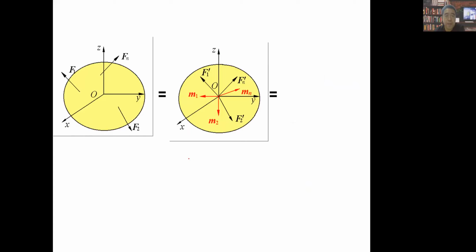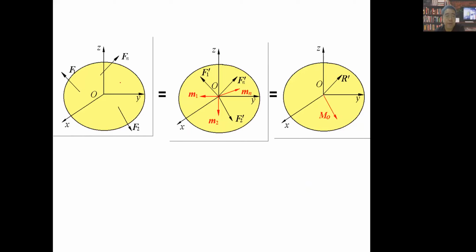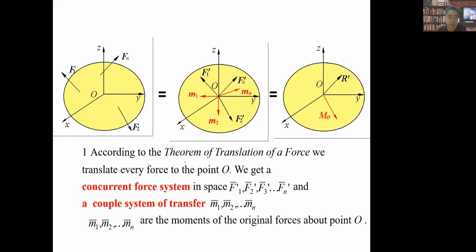So actually, we try to move the forces from their original acting points, maybe here, maybe there, into the common point O. Then, according to the theorem of translation of a force, we translate every force to the point O, right?